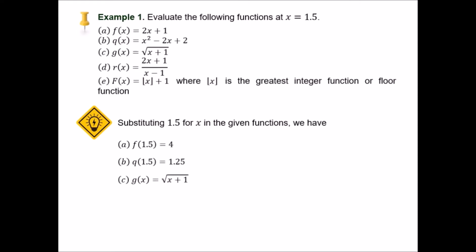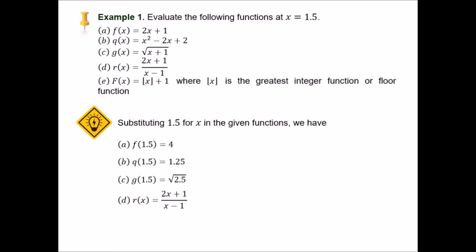Next is letter C, g of x equals square root of x plus 1. Substitute 1.5 for x. We have square root of 1.5 plus 1. 1.5 plus 1 is 2.5, square root of 2.5. Next is letter D, r of x equals 2x plus 1 all over x minus 1.